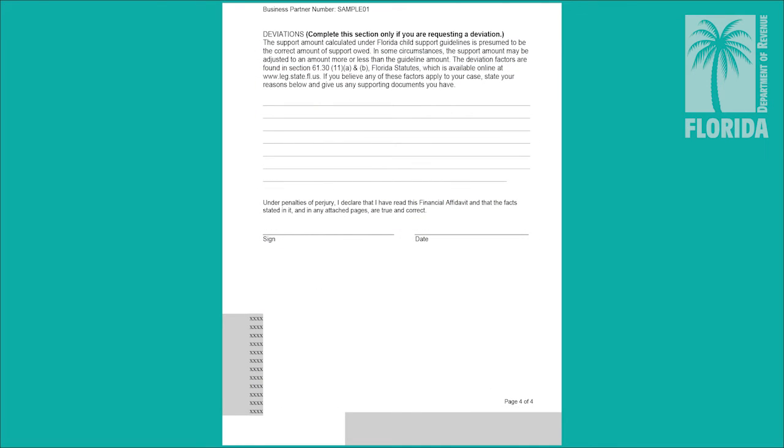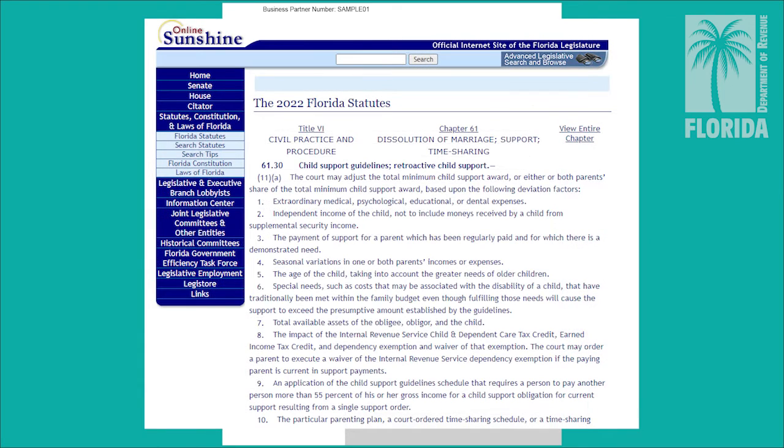Now, let's talk about deviations. A deviation occurs when a support amount should be adjusted to higher or lower than the child support guidelines amount because of a case-specific situation. The deviation factors are listed in Section 61.30(11)(a) and (b), Florida Statutes.